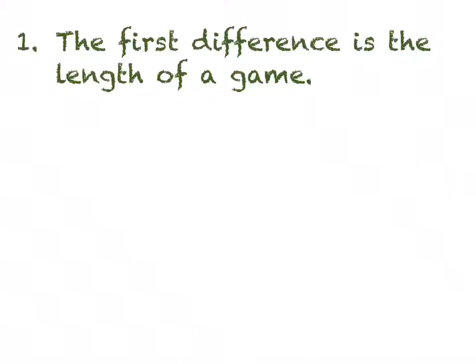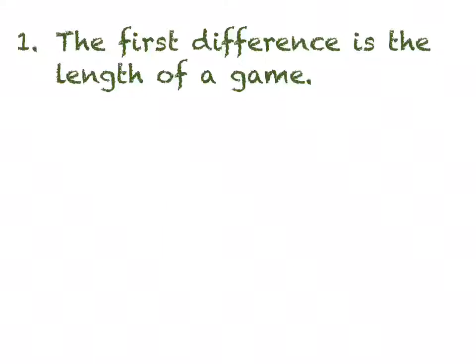On occasion, I have students who give a speech where the keyword is either differences or similarities. And if that's the case, here's how you need to organize your speech. It is very specific. So what you're going to do is, in this example, I have students who give speeches on the difference between an NCAA sport and a professional sport. So the first difference is the length of the game.